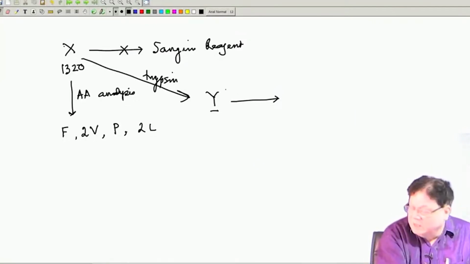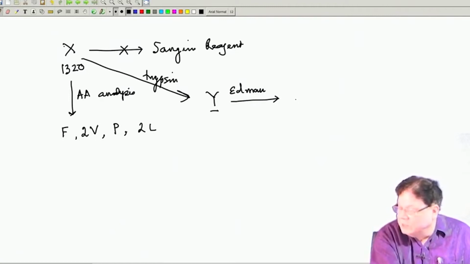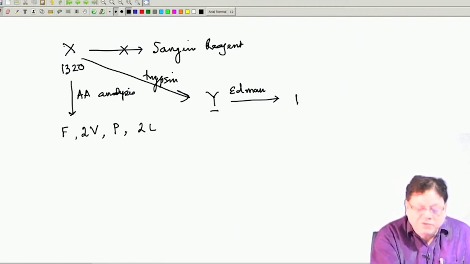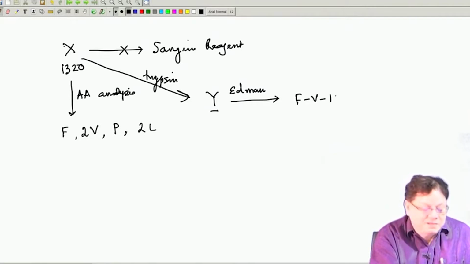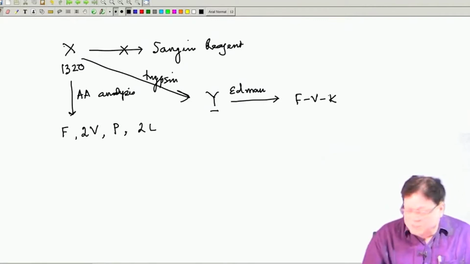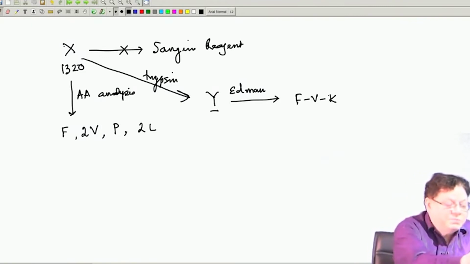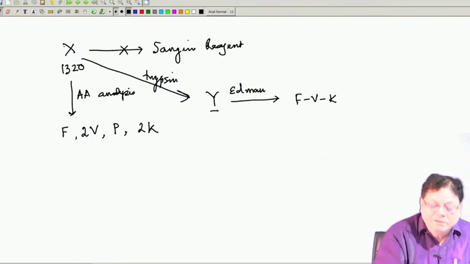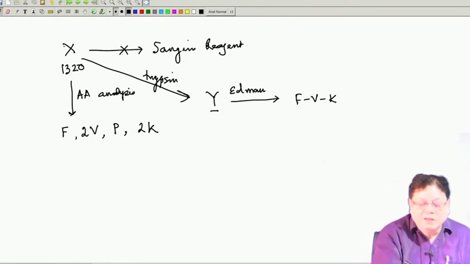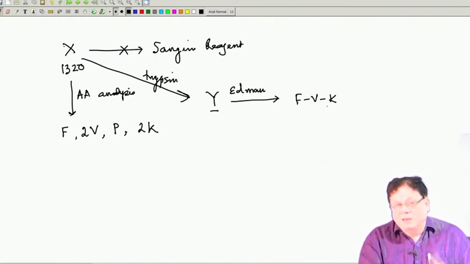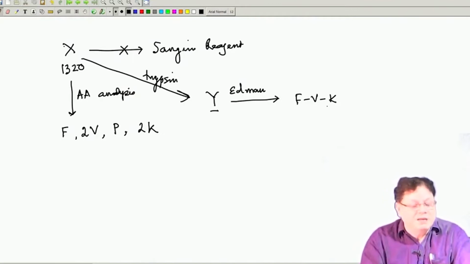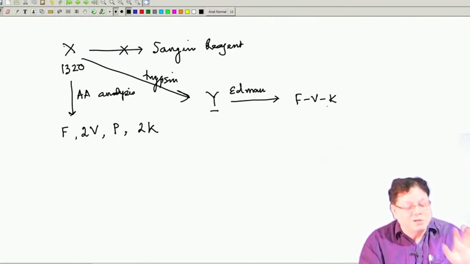If you do Edman degradation on this, you get a sequence: first is phenylalanine, the second is valine, and the third is lysine. Sorry, lysine is actually K, that is the symbol for lysine. So, this is the first three amino acids in the peptide Y. The peptide Y is basically a derivative of peptide X by the action of trypsin.